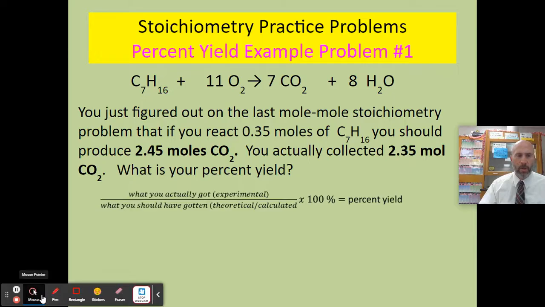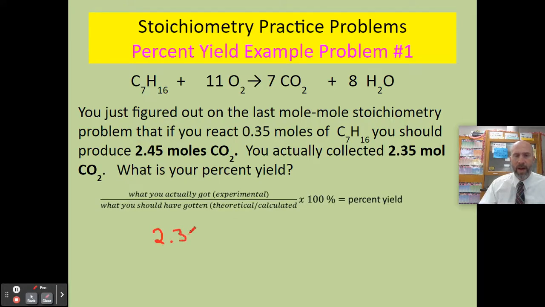For this, all we have to do is take what you experimentally got. So we're going to take the 2.35 moles. That's what we actually got. And then theoretically, we should have gotten 2.45. Calculate that out, and then you're going to multiply that by 100.